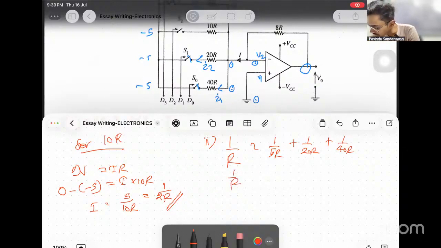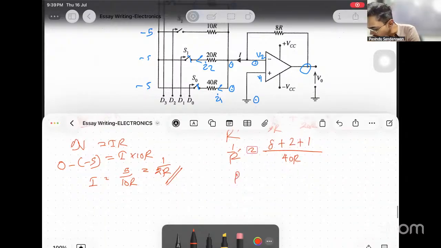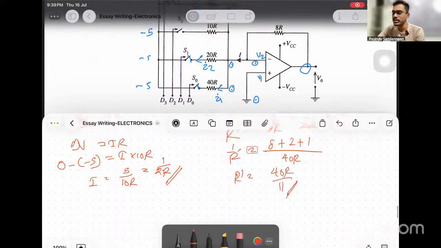The common denominator is 40R: 8 plus 2 plus 1, so R dash equals 40R over 11.